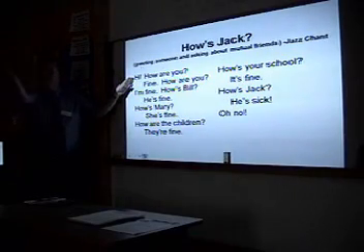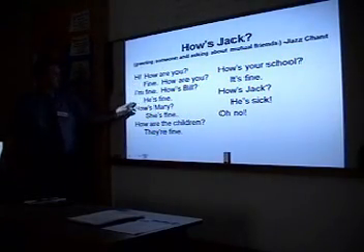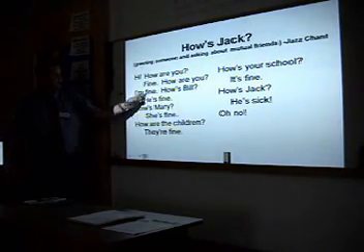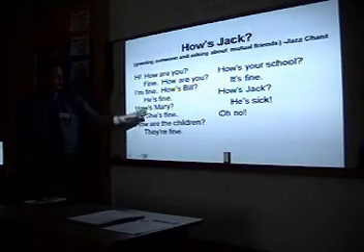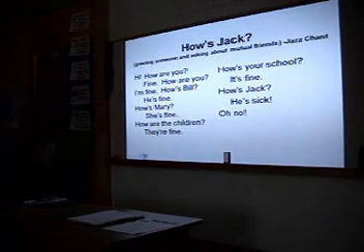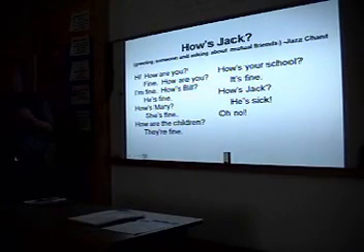Group one will do these lines, and group two will do the indented lines. But let's do it all together first. So I'll set a rhythm for us. And again, we're trying to go for the flow, not really how you pronounce each word, but the phrases. So it's like this.